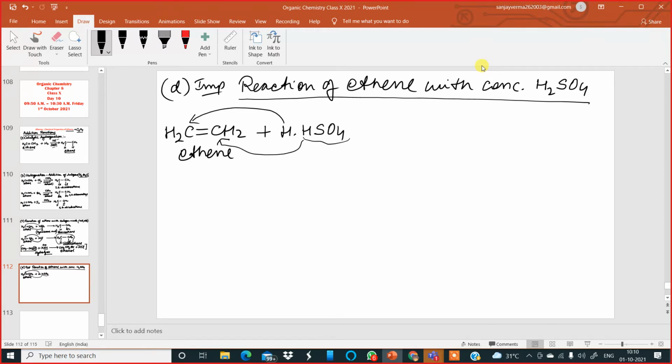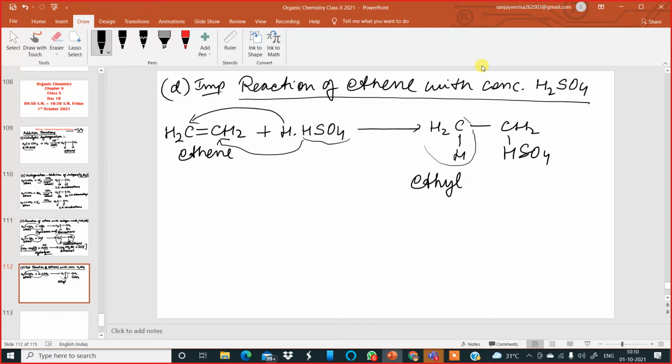So I have a salt over here which is produced. That is H2C, the double bond breaks into a single bond, and then this is what we see, CH2HSO4. This compound is called ethyl hydrogen sulfate.